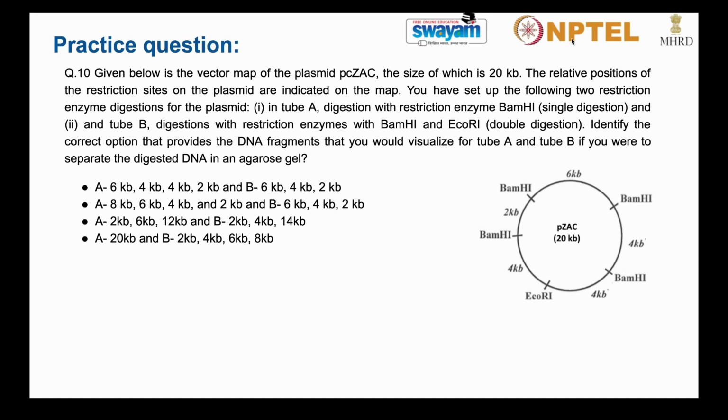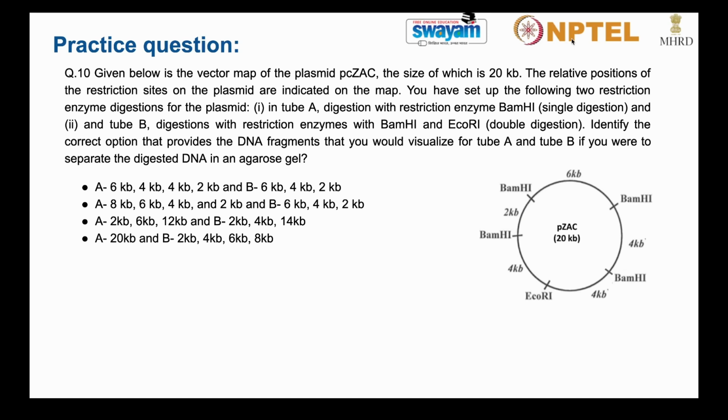In test tube A, digestion with the restriction enzyme BamHI, that is a single digestion, and in test tube B, digestion with the restriction enzymes BamHI and EcoRI, a double digestion. You have to identify the correct option that provides the DNA fragments that you would visualize for tube A and tube B if you were to separate the digested DNA in an agarose gel.